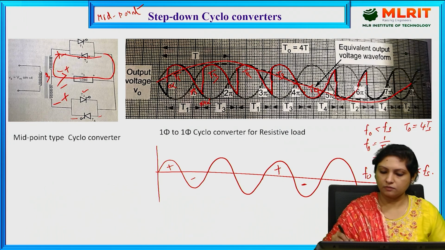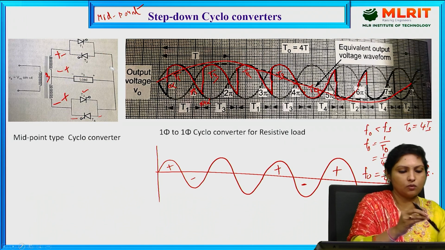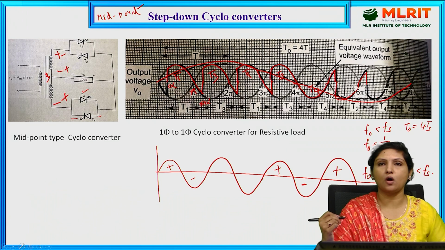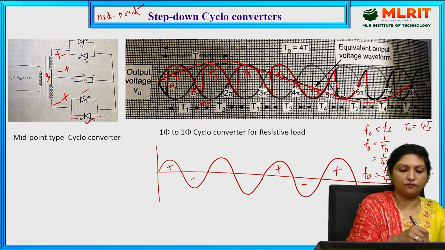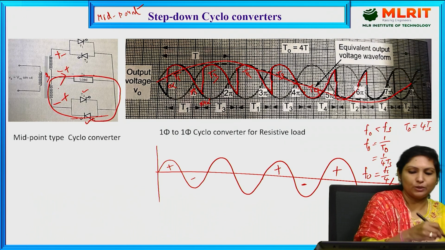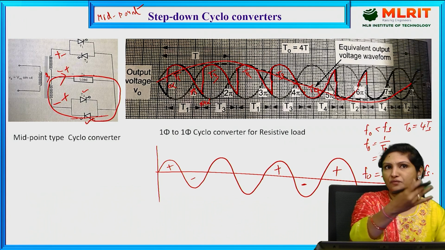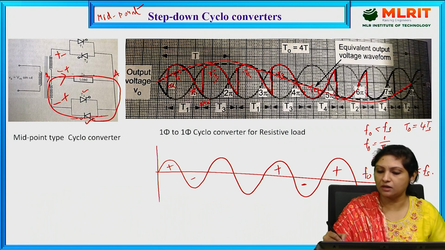And again, because of the positive half cycle, polarities will be positive, negative, and in order to control the negative half cycle of the output voltage, I provide triggering pulse for T4 such that T4 conducts current through the load from B to A. Because it is conducting current in the reverse direction to that of the first case, from B to A, that is the only reason the negative half cycle of the output voltage is controlled.